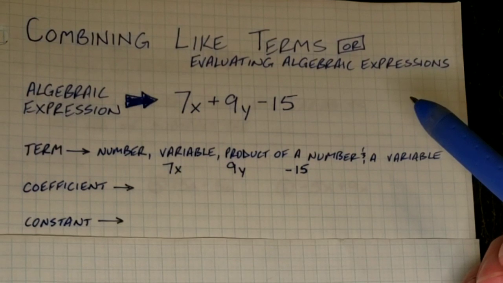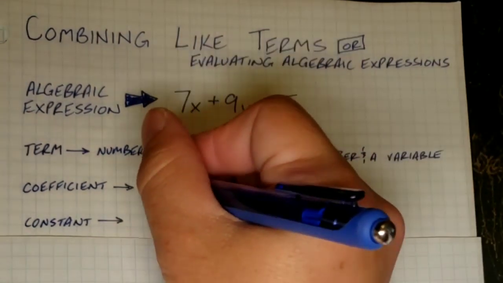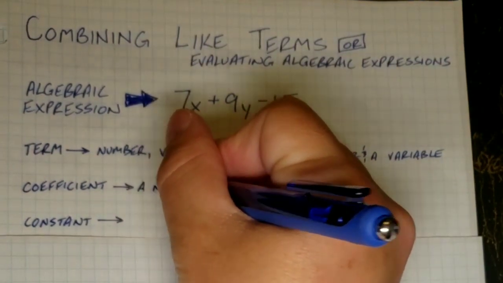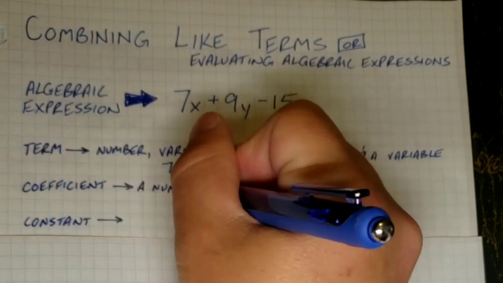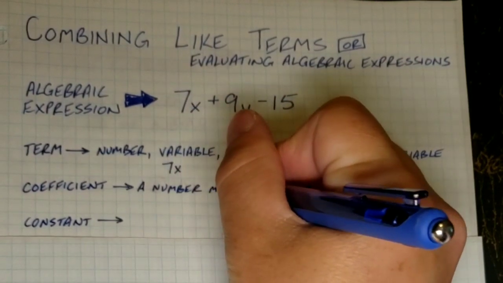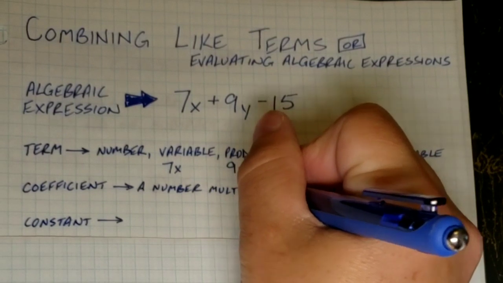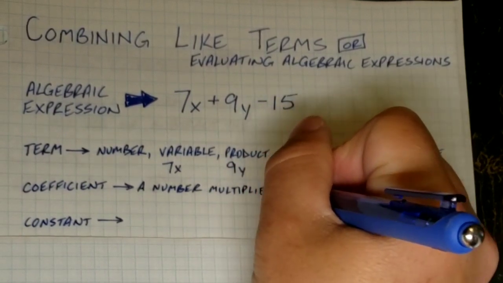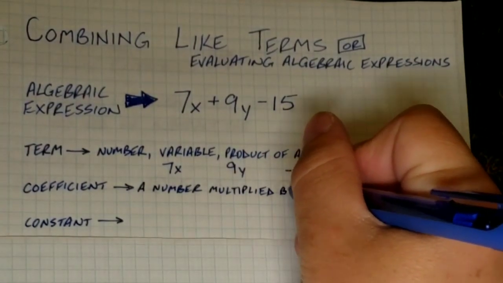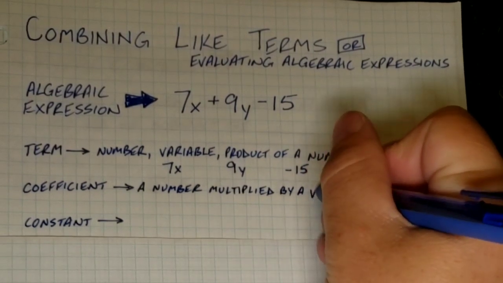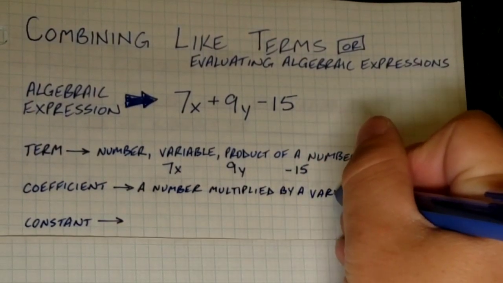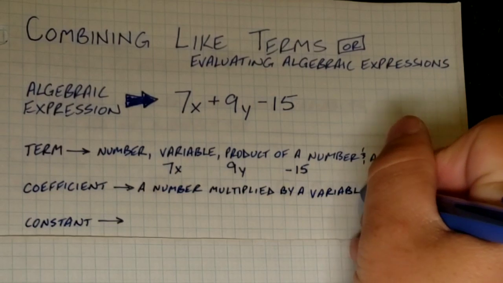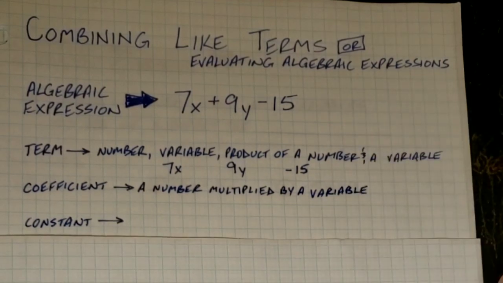All right, next up, what is a coefficient? A coefficient is a number multiplied by a variable in an algebraic expression.